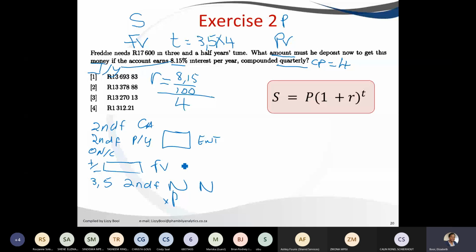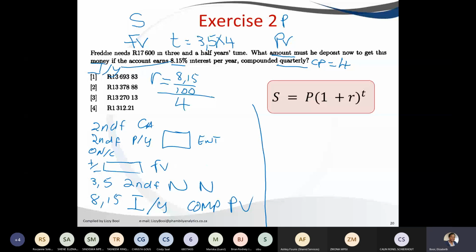So that's how I would like to remind myself that I need to press N twice. Then you need to press 8.15 and press I and Y button, and then comp and present value, and that will give you your answer that you are looking for.